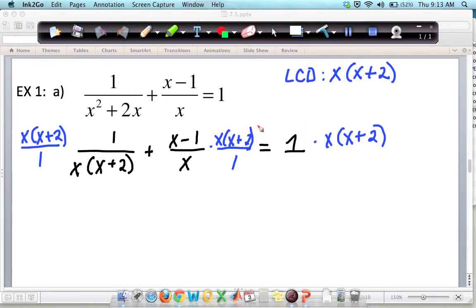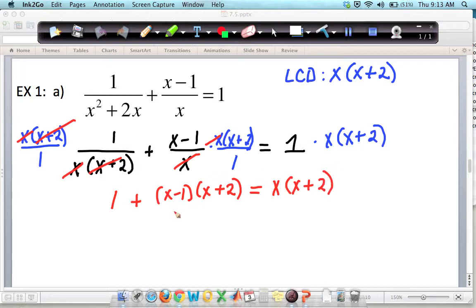So in this first one, I can cancel the x's and the x plus 2's. And that just leaves me with 1. Over here you can cancel the x's, and that leaves you with x minus 1 times x plus 2 equals, on the right hand side nothing cancels, so I have x times x plus 2.